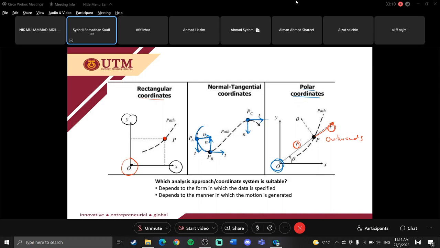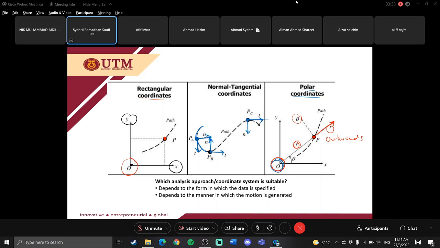That's why the direction is important. For polar coordinates, you need to draw the r and theta axes based on the reference point. You draw the r and theta axes on the particle, but in order to draw them, you should refer to the reference point.